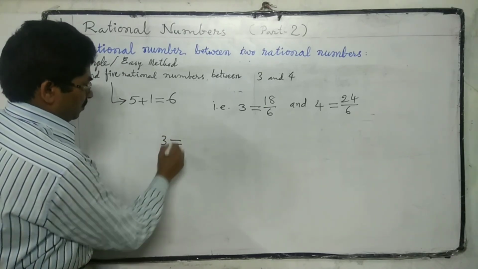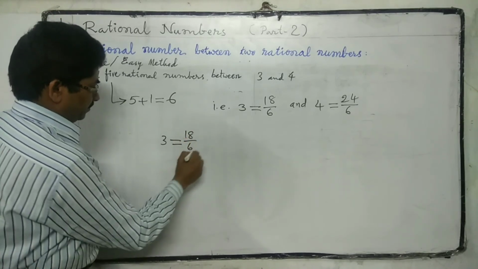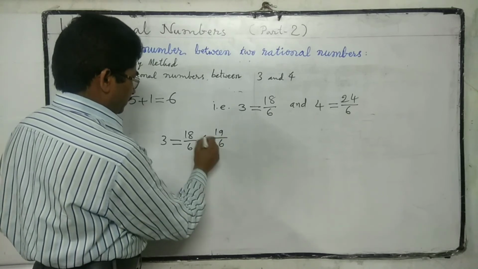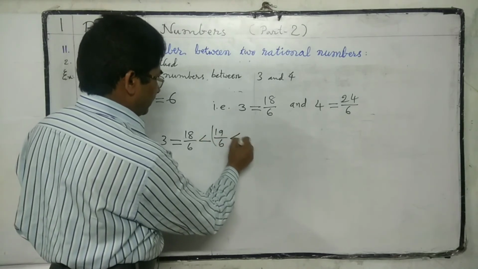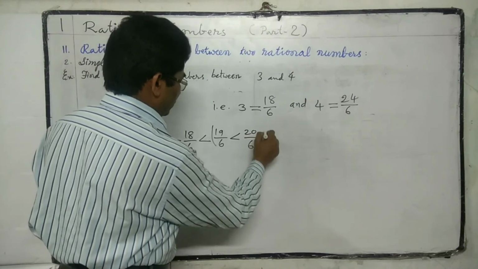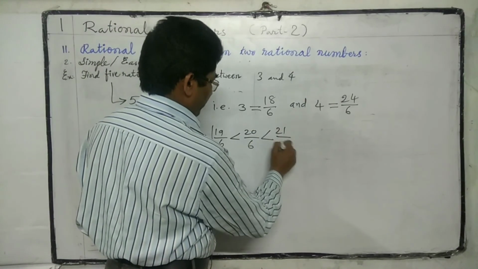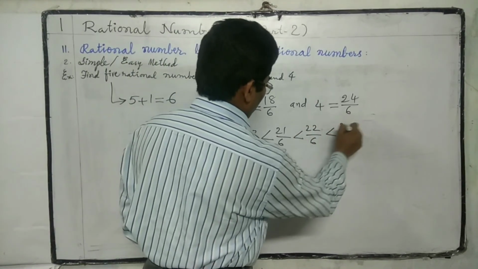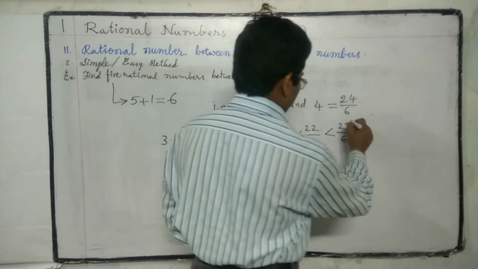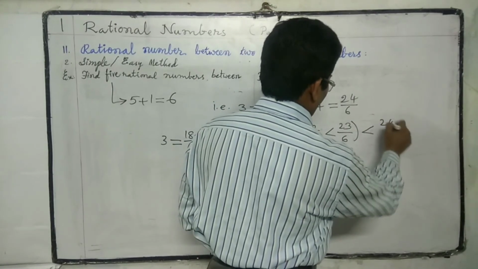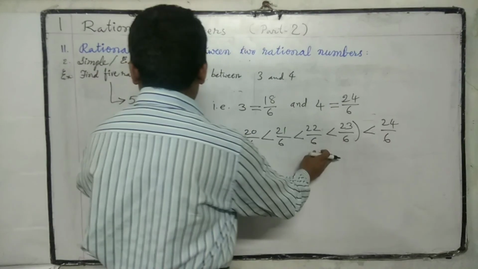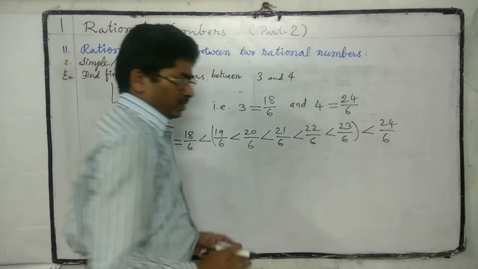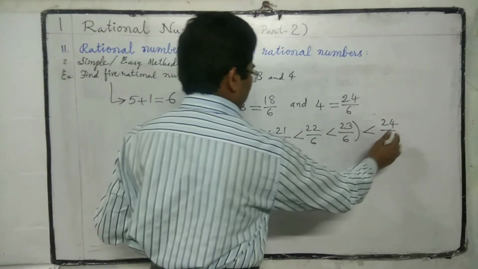So 3 equals 18 by 6, which is less than 19 by 6, less than 20 by 6, less than 21 by 6, less than 22 by 6, less than 23 by 6, less than 24 by 6. These are 5 rational numbers between 3 and 4.